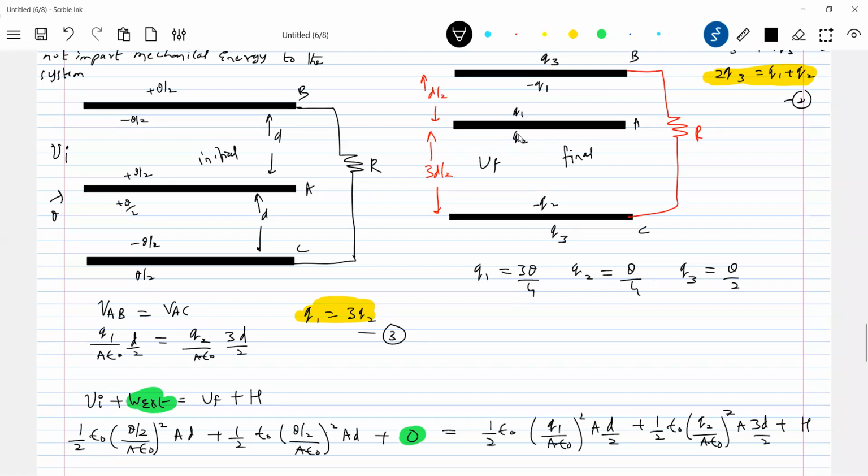Why that Q1 by A epsilon naught? It will become the field between the plates. Half epsilon naught E squared times volume. Volume is what? AD by 2. So I directly wrote the value of E as Q1 by A epsilon naught here. Solving this will give the expression for H.